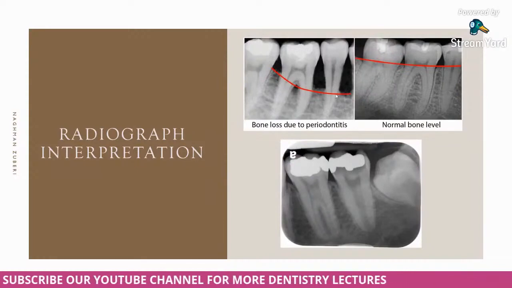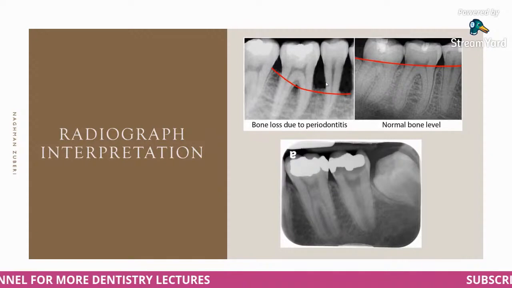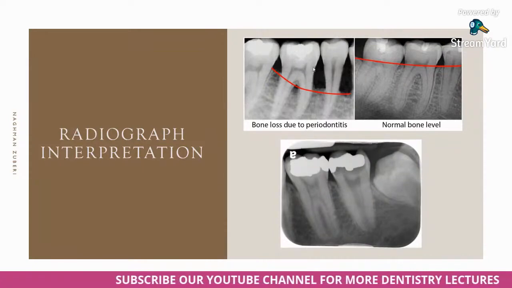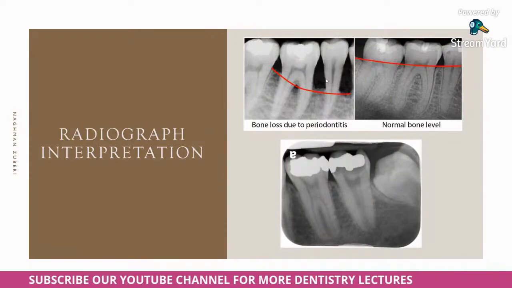Similarly, for bone loss, they may ask you whether it is a horizontal bone loss. So we must know how to interpret the radiograph for horizontal bone loss or for angular bone loss.